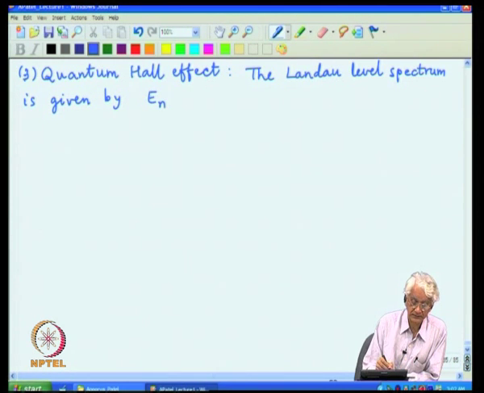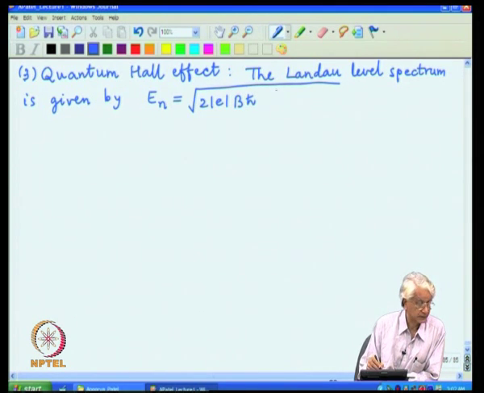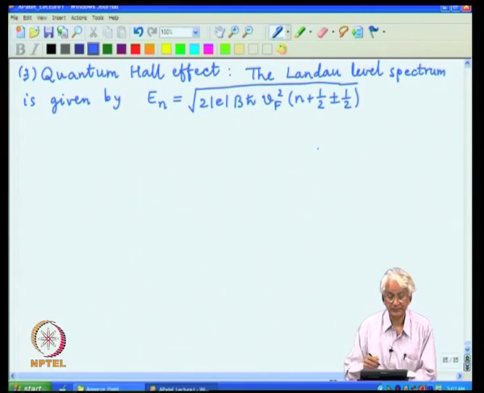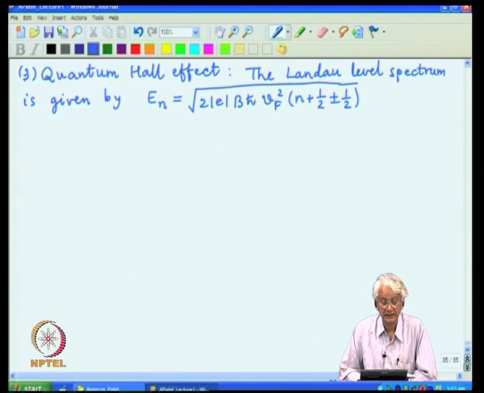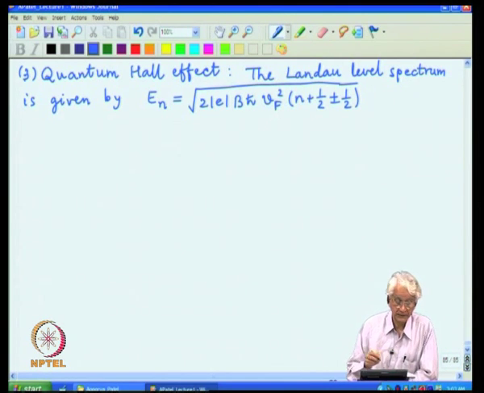It is specified in terms of an integer n going from 0, 1, 2 etcetera, and the result is proportional to the square root of B as well as the square root of n plus half and then an extra plus or minus half.